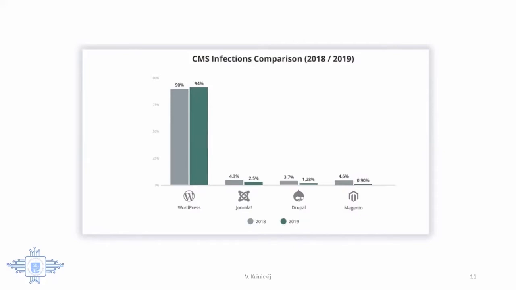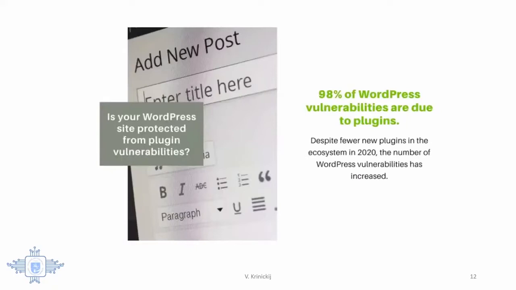Now, what's the biggest problem for using CMS? 98% of WordPress vulnerabilities are due to plugins, third-party plugins, and not only plugins, but the core itself of the most common installation of CMS is the problem.